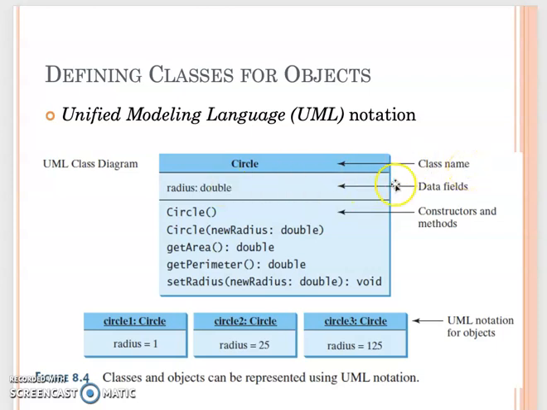The second part is the data fields. The third part is all the methods, including the constructor method and regular methods. For a data field, we have the variable name, then a colon, then the data type. For a method, we have the method name with the parameters, where each parameter has a variable name and a data type. That's the UML diagram.